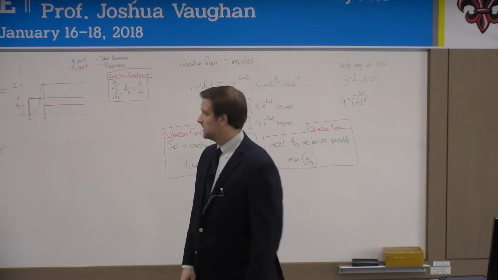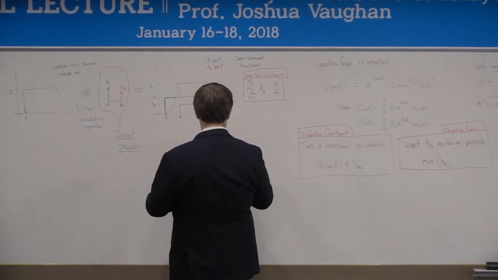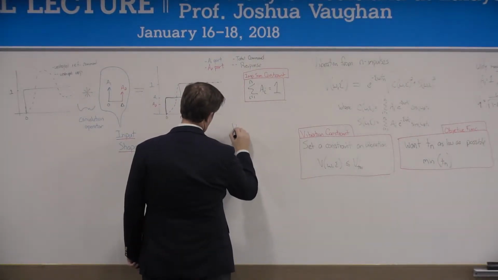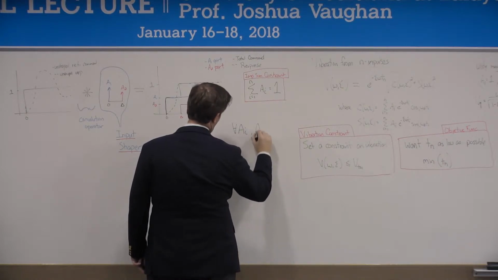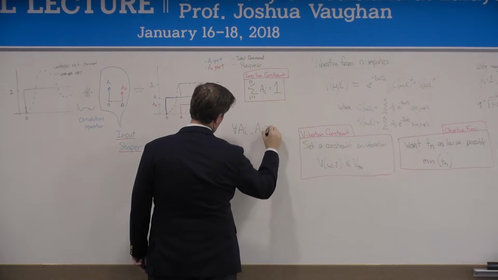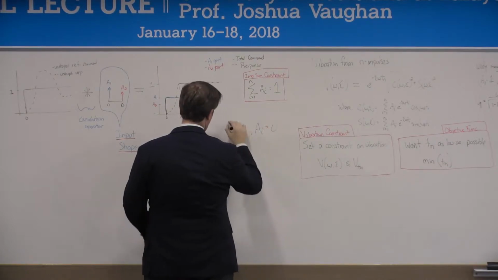Right? So in this case, I'm going to say for all Ai greater than 0.